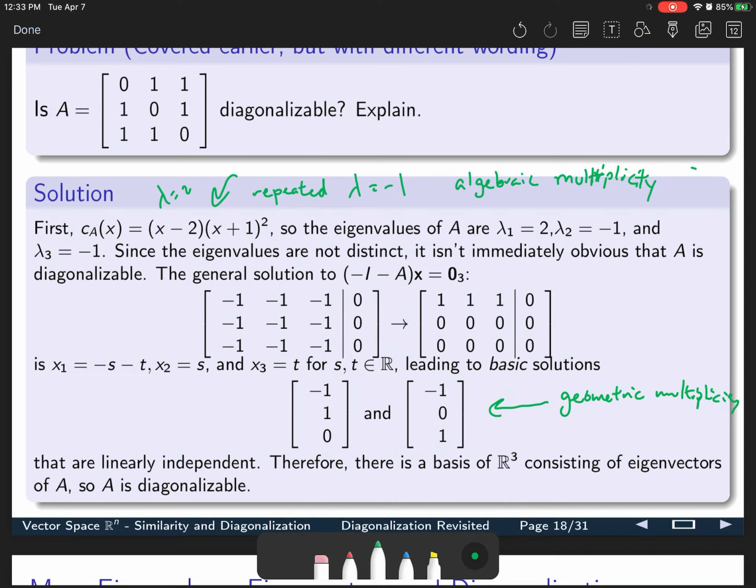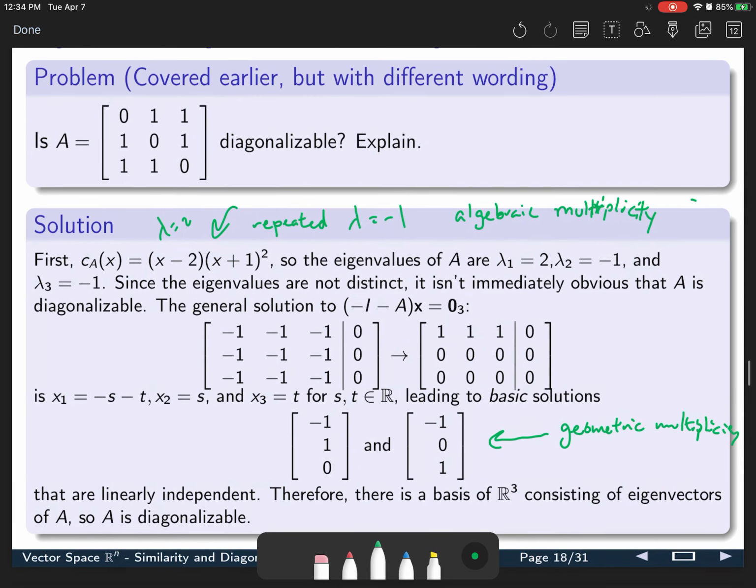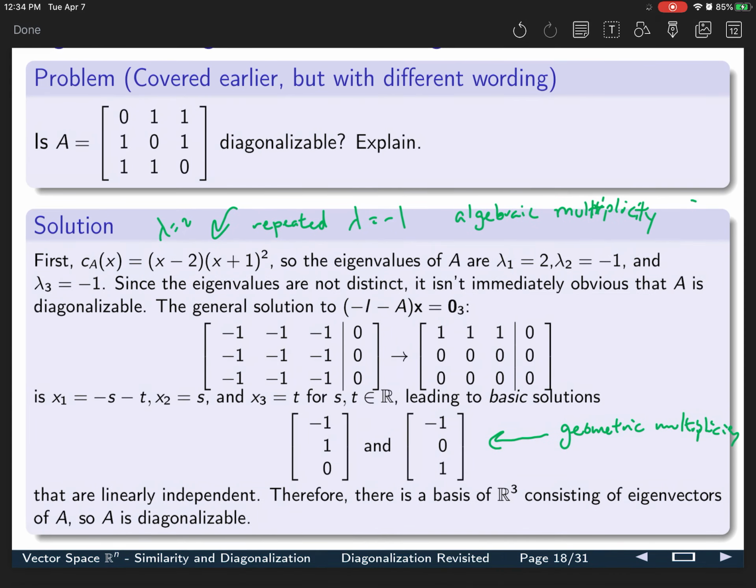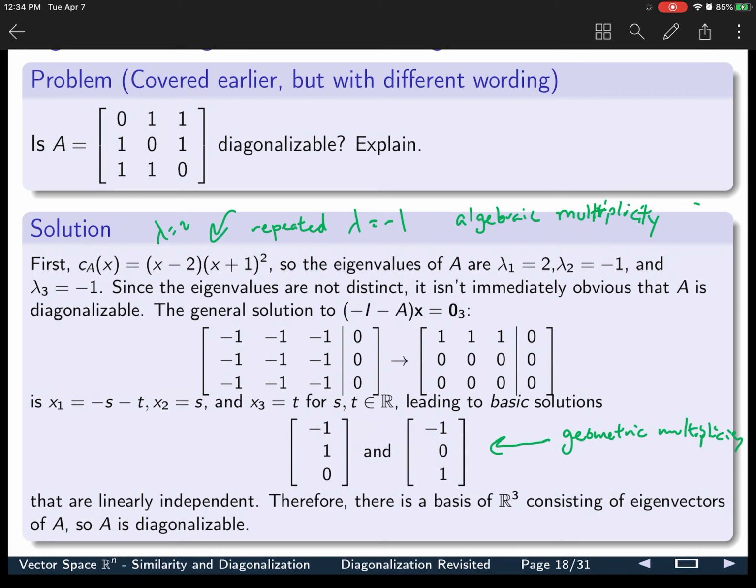That means we need to find 2 eigenvectors corresponding to that in order to be diagonalizable. And indeed, we do find two linearly independent eigenvectors. And so this matrix is diagonalizable, even though it wasn't guaranteed to be diagonalizable just based off of the eigenvalues, because we did have a repetition here.